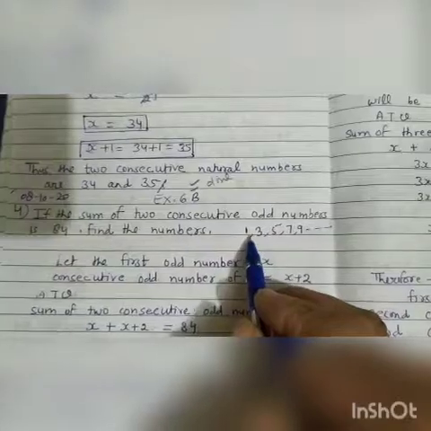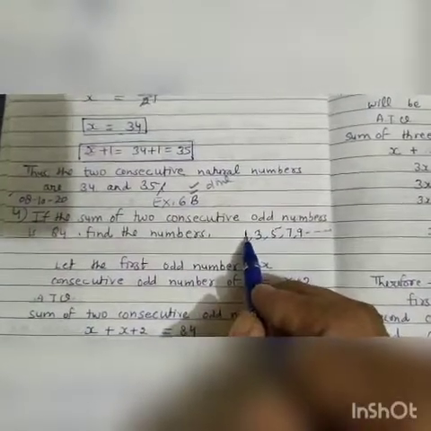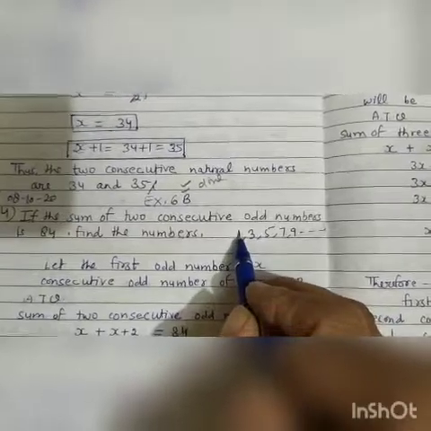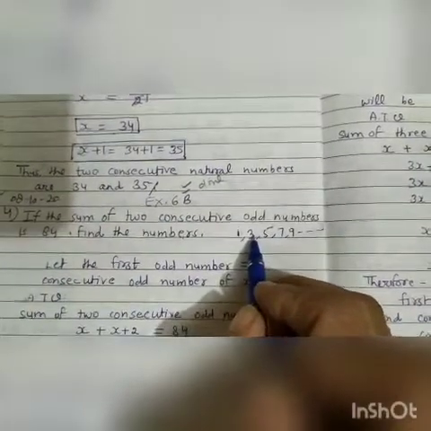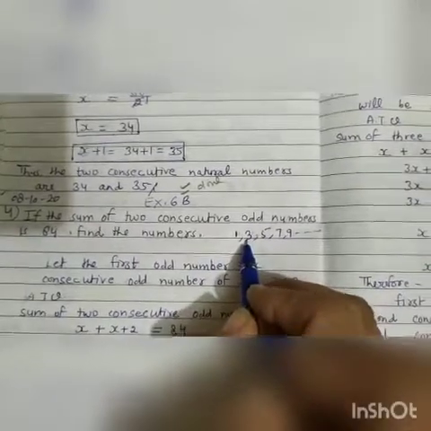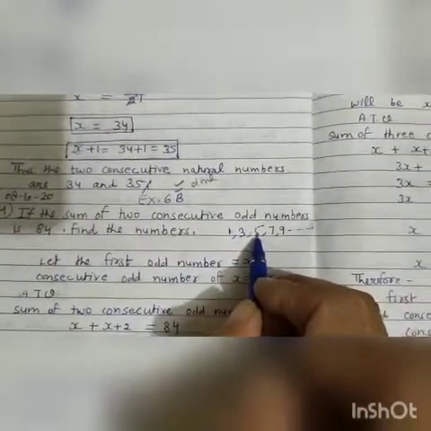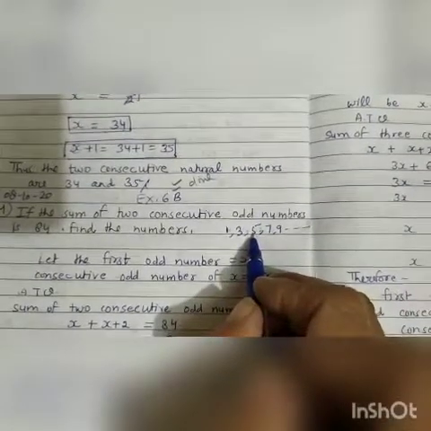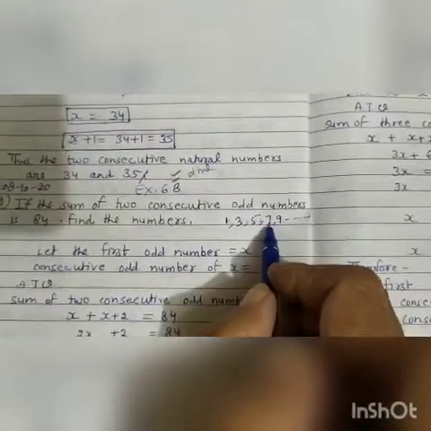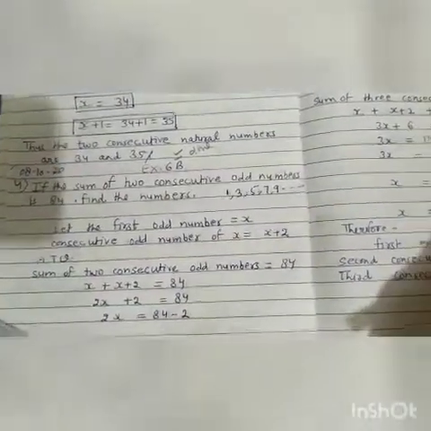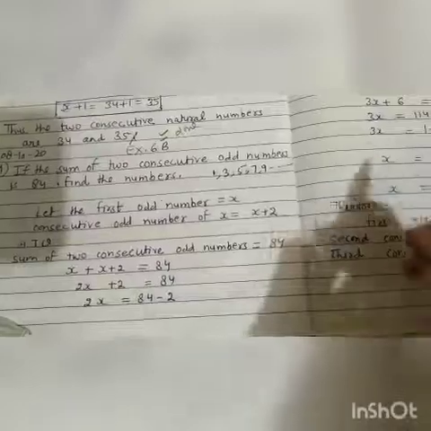So what we notice is, if we add 2 to this 1, then we get the next odd number. If we add 2 again to this 3, then we get the next odd number. Again we add 2 to get the next odd number. So consecutive odd numbers differ from each other by 2.